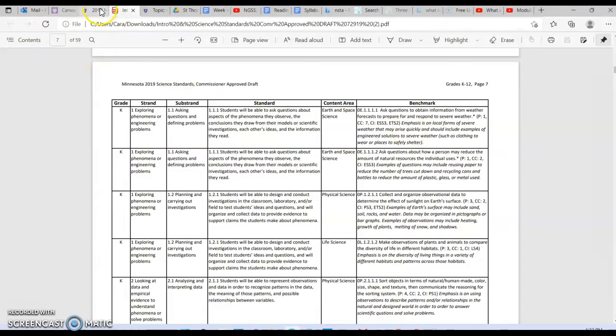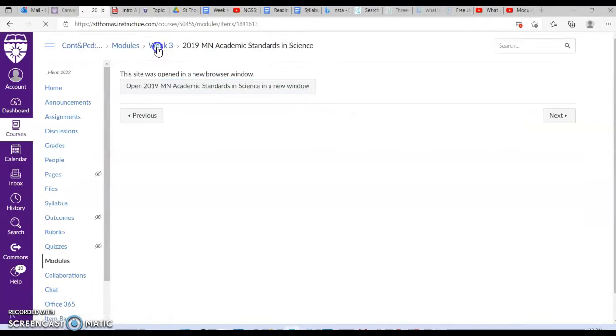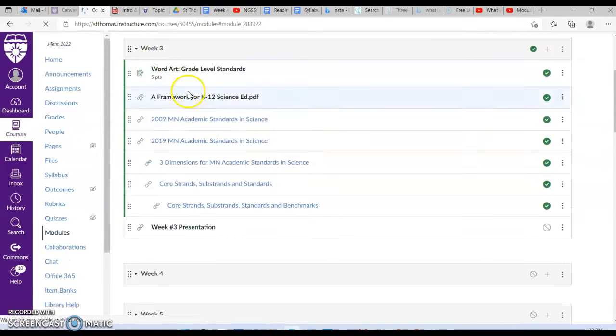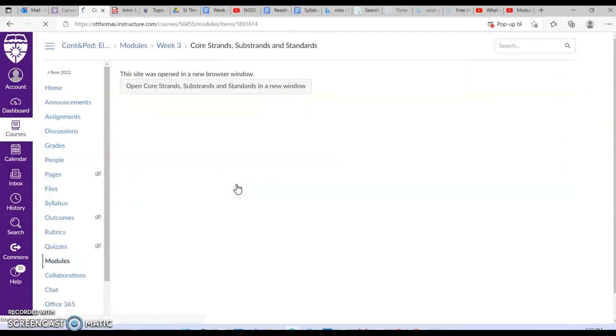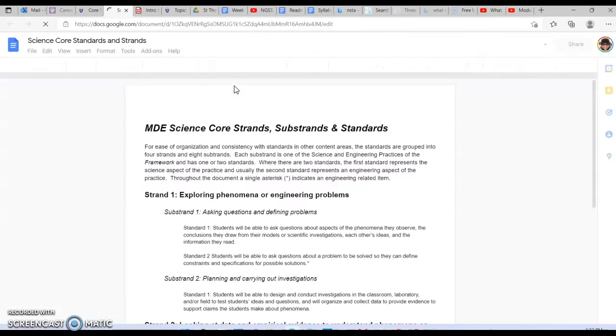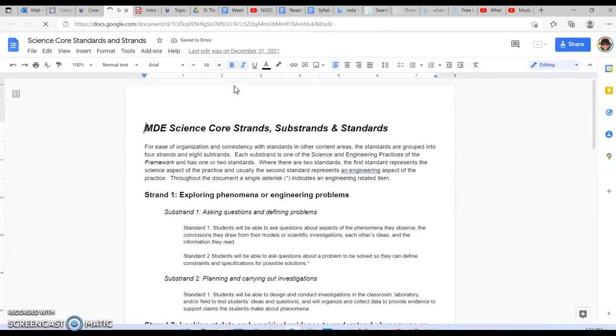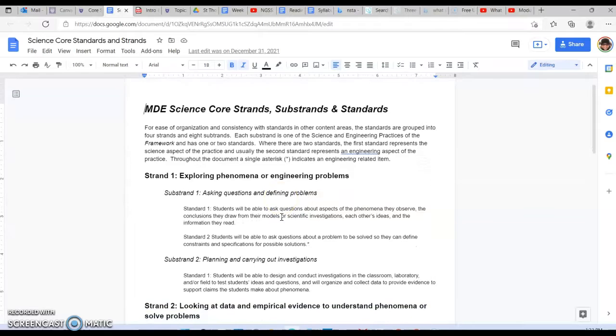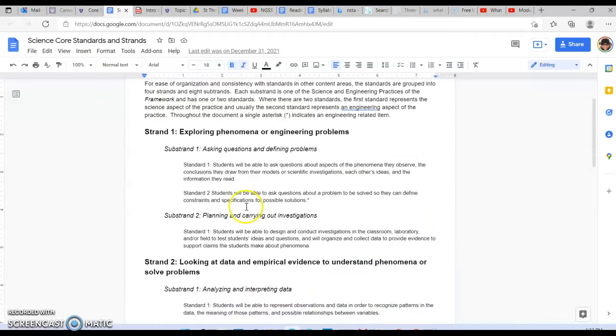Going back into Canvas, I wanted to share with you, because I've worked with a couple of different district committees, I needed to create this for myself and to help teachers understand how this works. So as I mentioned, we have 13 core anchor standards, and they are listed right here under the 4 strands.